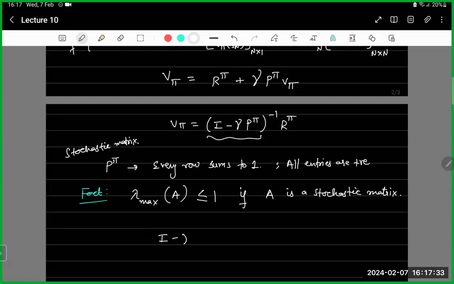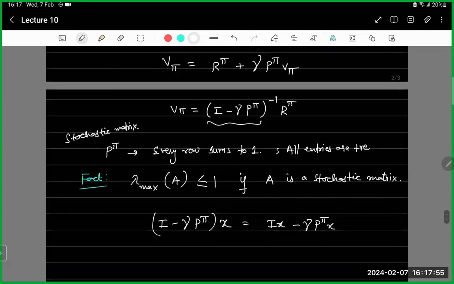If I just multiply any vector x, that will be equal to lambda x. So that's what we want, right? So I'm just multiplying with some vector x. Now what will I get? Ix minus gamma P pi into x, right?